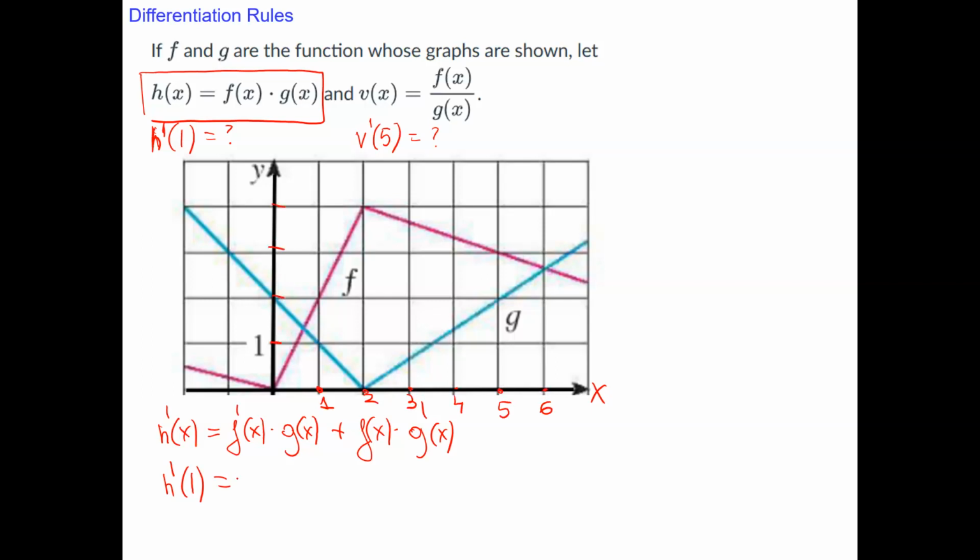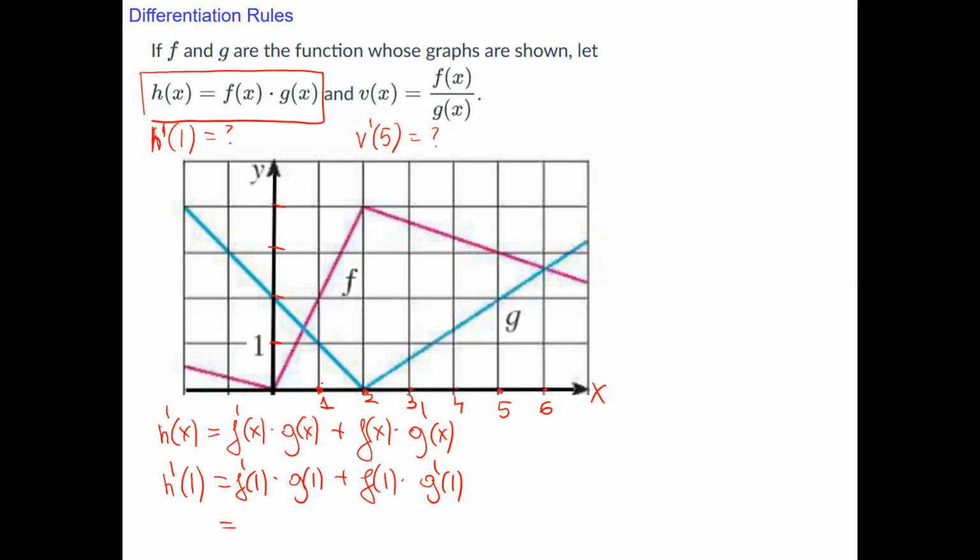So now we will need f prime at 1, g at 1, plus f at 1, g prime at 1. And of course, we are combining a couple of concepts. Derivative of the function is the slope of the tangent line, or the slope of the curve. If the graph is a line, it's just that line's slope. Let's figure out f prime at 1.